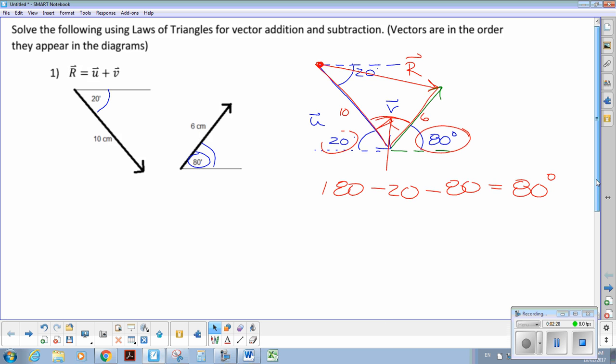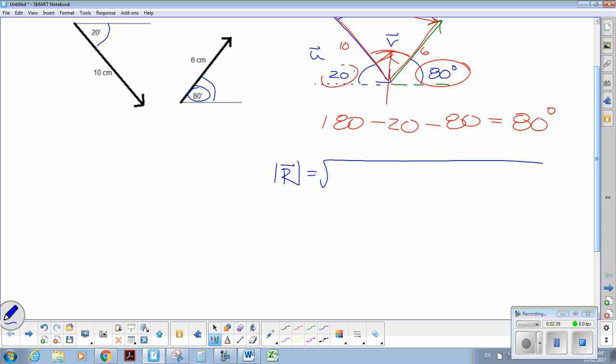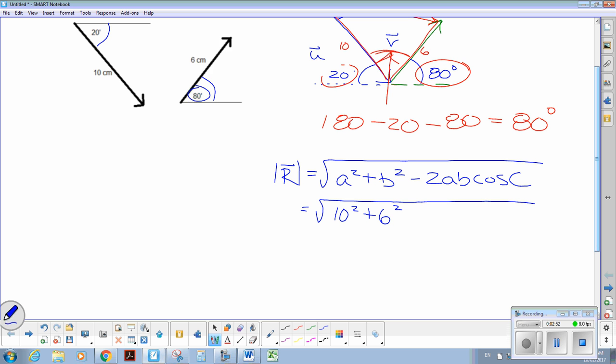Now you can go ahead and do your cosine law and sine law to find the angle. If I want to find the magnitude of my resultant, we know our formula is a squared plus b squared minus 2ab cos c. So it's 10 squared plus 6 squared, minus 2 times 10 times 6 cos, and that's the internal angle between our two vectors, the one we want, which is the 80 degrees.